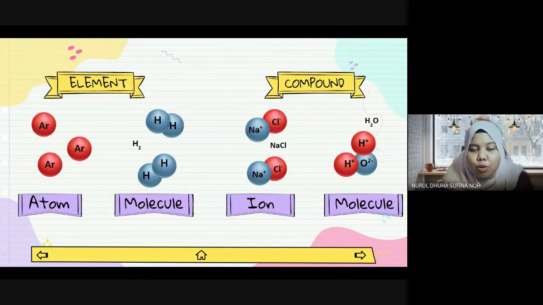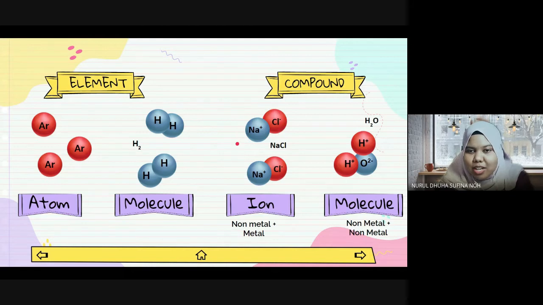But how to differentiate between ion compound and molecule compound? By checking the metal chemical element or non-metal chemical element. For ion compound, it is the combination of non-metal chemical element with metal chemical element. So I want to ask Shuhada.